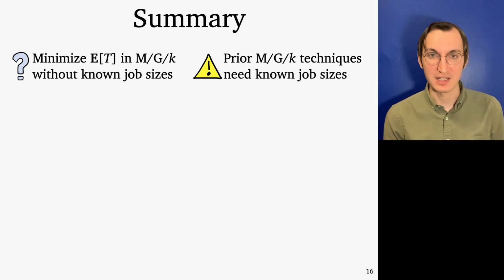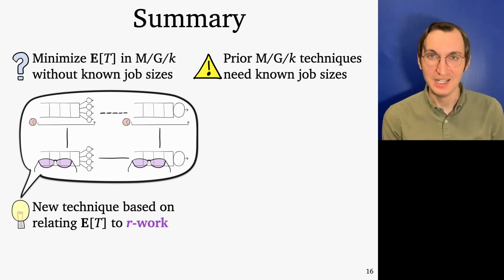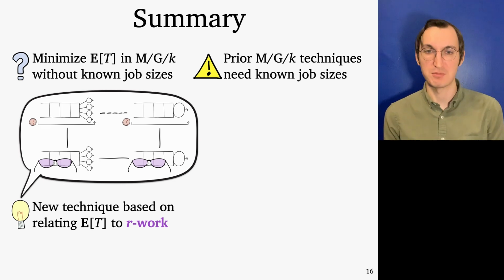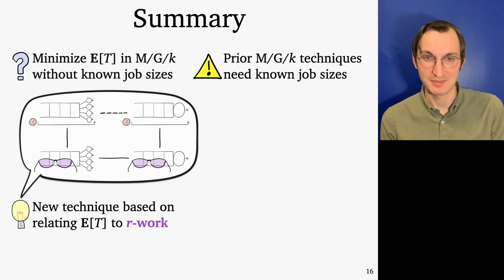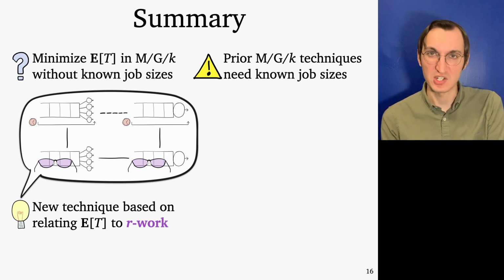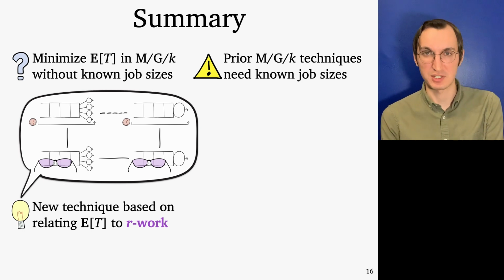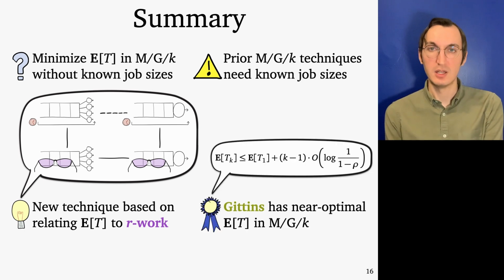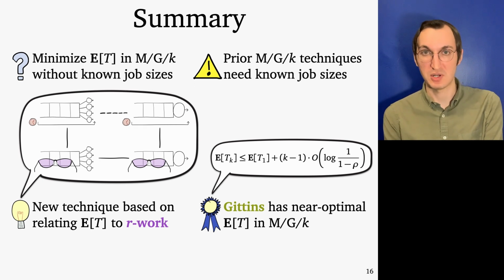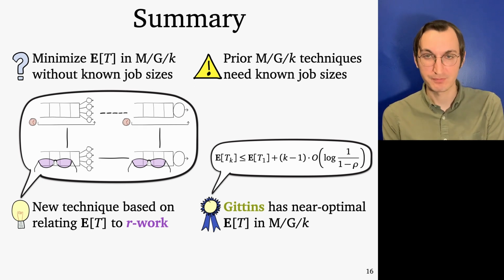So to get around that, we introduced a completely new way of analyzing mean response time. It works in the M/G/k, it also works in the M/G/1, it also works in other queueing systems. And it's based on this key concept called R work. Using this new way of analyzing mean response time, we were able to show that Gittins has near-optimal mean response time in the M/G/k.